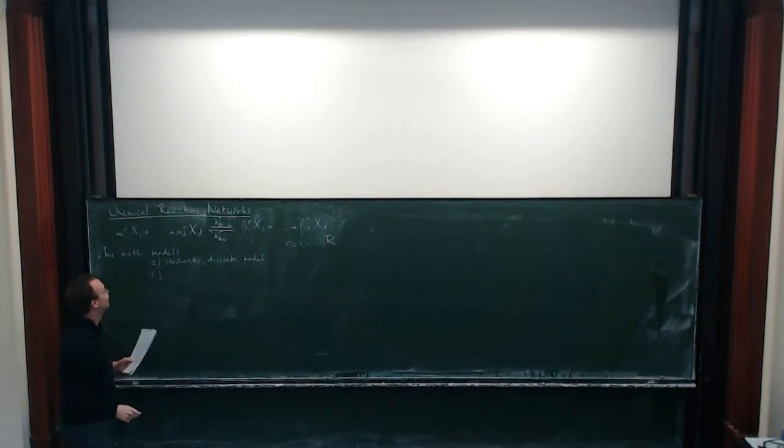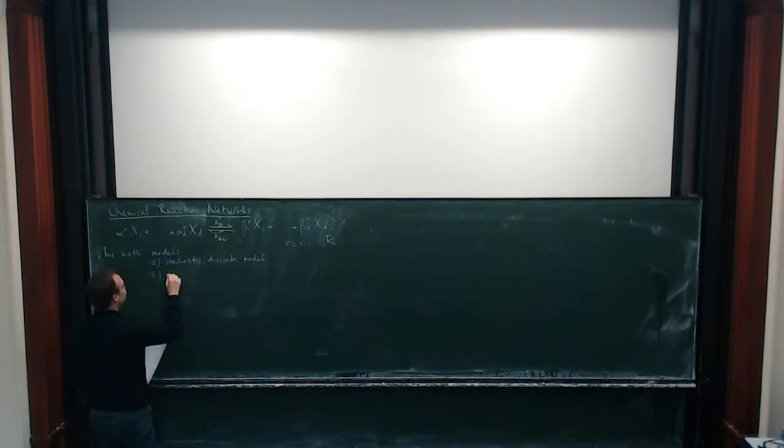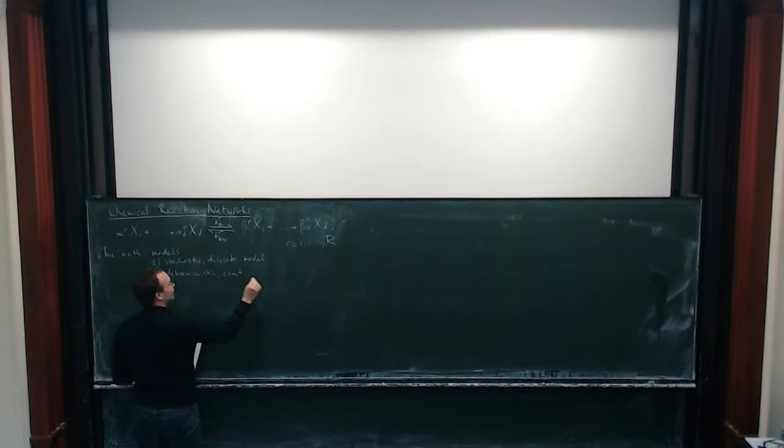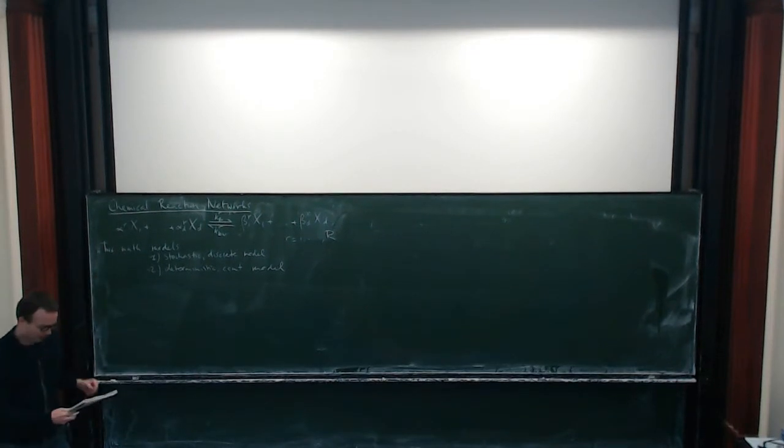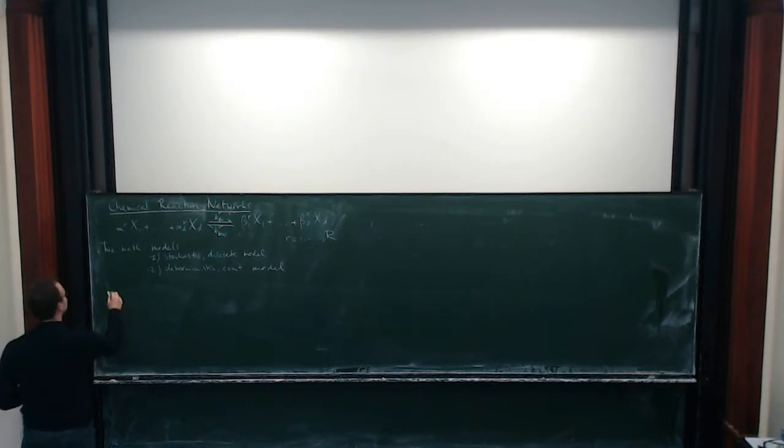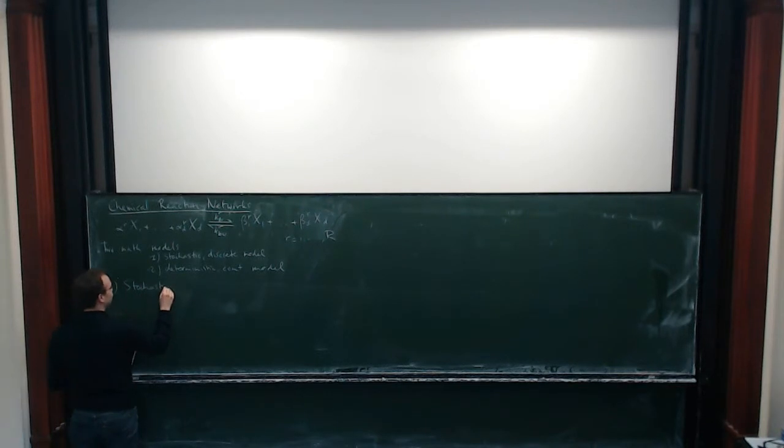And the second model is deterministic and continuous. And I will show that there are gradient flows associated to both of these situations. So let me first describe the stochastic model. Part 1, stochastic model.